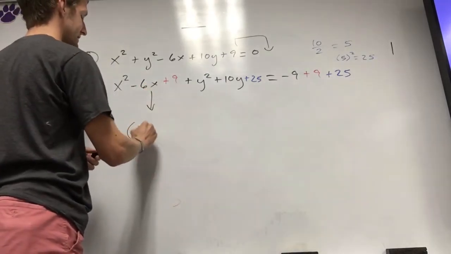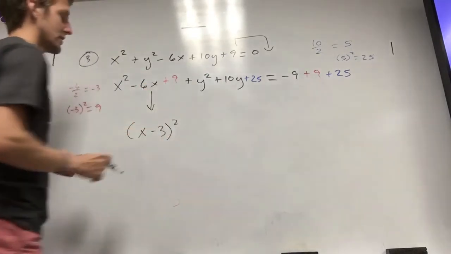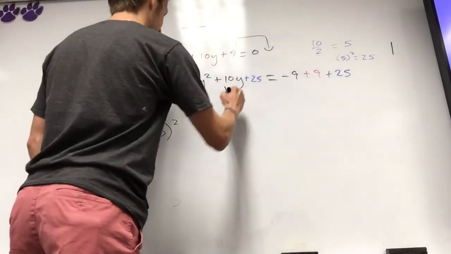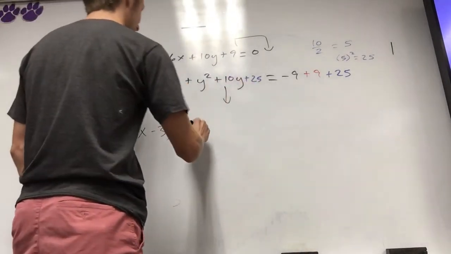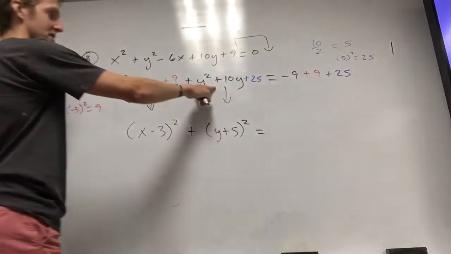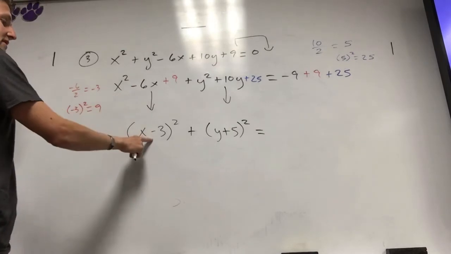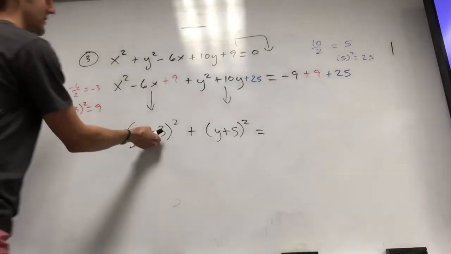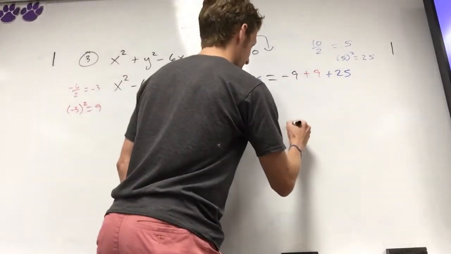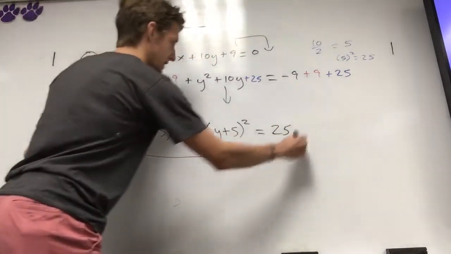How does that factor? That is x minus 3 times x minus 3. How does this factor? What multiplies to 25 and adds to 10? Two fives. y plus 5 squared. The sign in the middle always matches the middle term. Equals 25. Okay, so that is the equation of my circle.